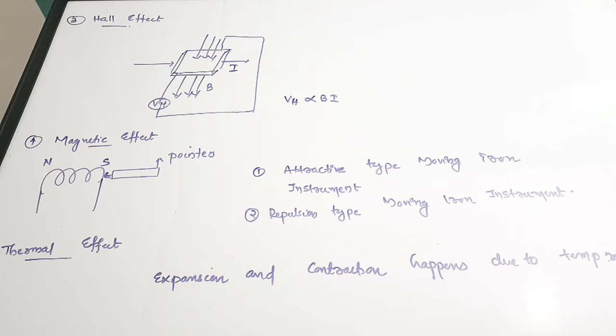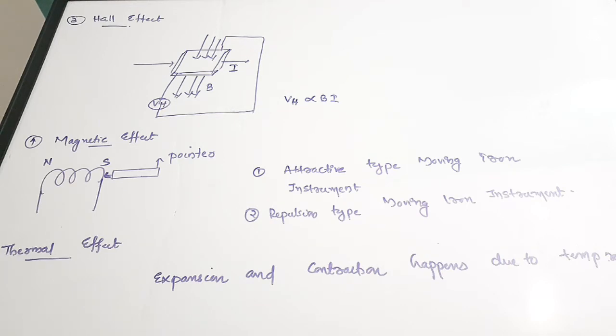Again there are three categories: deflecting type, controlling type, and damping type. The first category we are seeing here. All these effects, that is magnetic effect, Hall effect and thermal effect, come under the broad classification of deflecting type of indicating instruments.